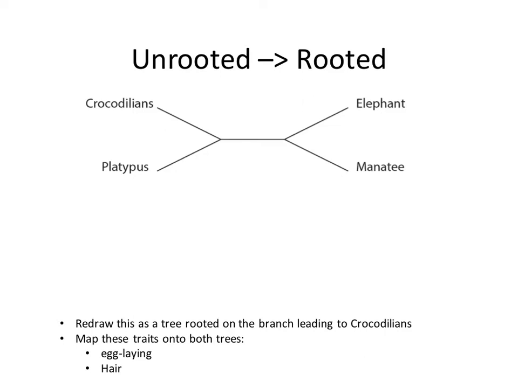That is, the root of the tree should be there. So to redraw this tree, everybody work on this, paper, tablet, whatever. Redraw this tree, we've got about a minute. Where the common ancestor to all these species is, there, where the root is.